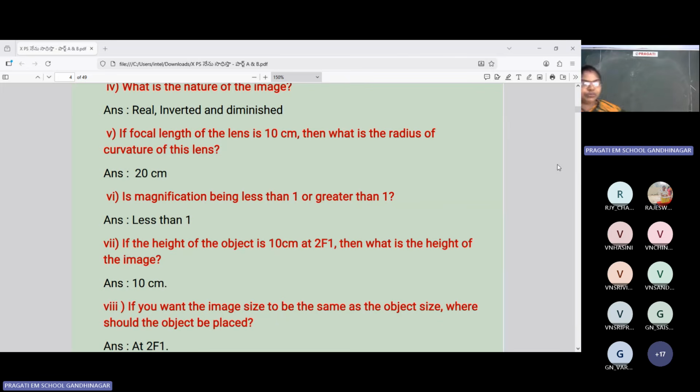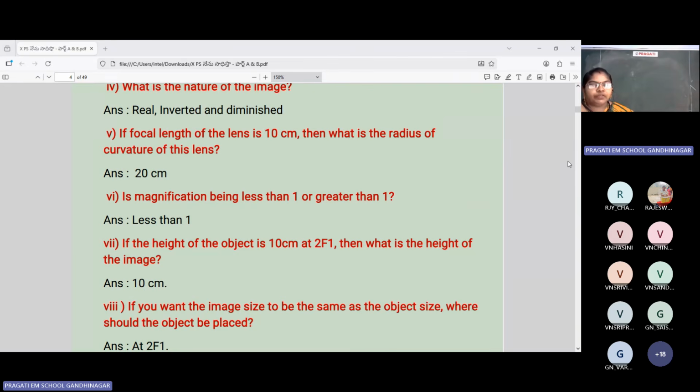Yes, if the focal length is 10, obviously the radius of curvature is 20 centimeters. Is the magnification less than 1 or greater than 1? Yes, the image is diminished, so it is less than 1. If the image is enlarged, then it is greater than 1. And if the image is equal to the size of the object, then it is equal to 1.